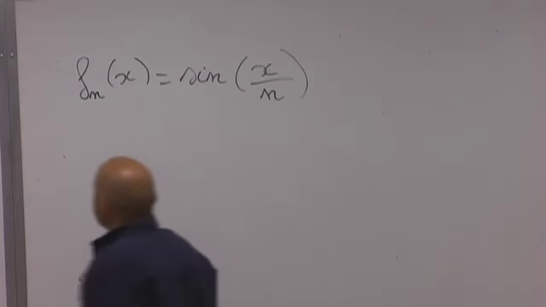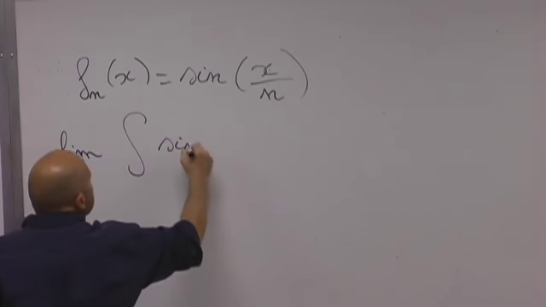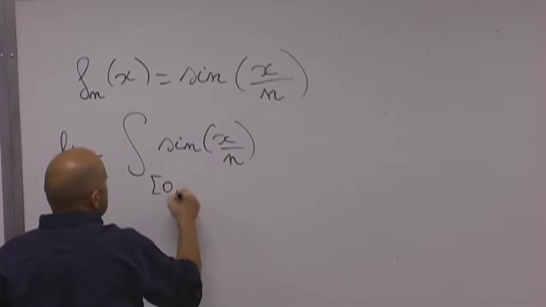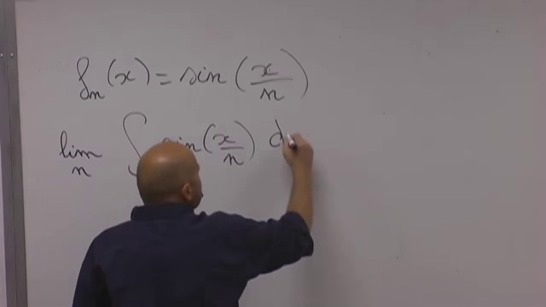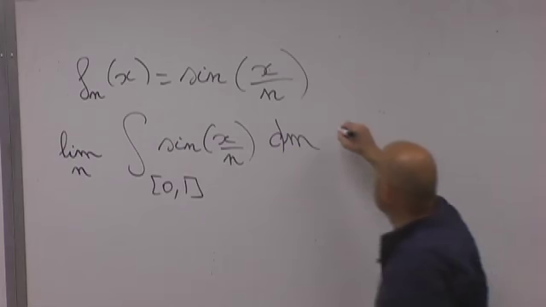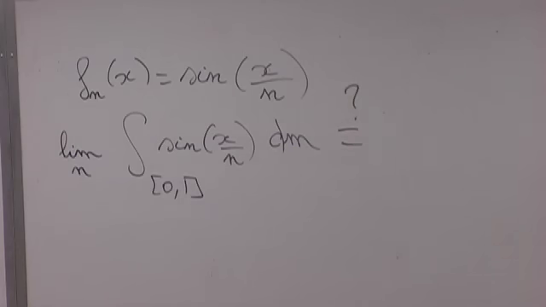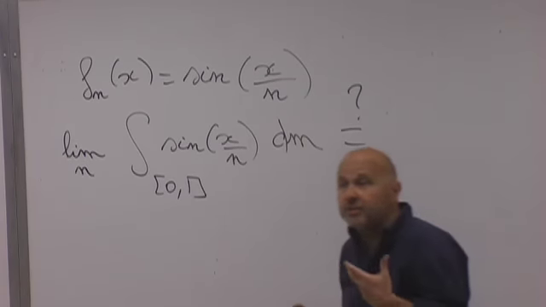And let's look at the limit as n goes to infinity of the integral of sine of x over n over, let's say, the interval 0, 1 with respect to the Lebesgue measure. Can we compute this limit? Does the limit exist? So the big thing is to find the g, to find the dominating function. And your dominating function needs to be integrable.